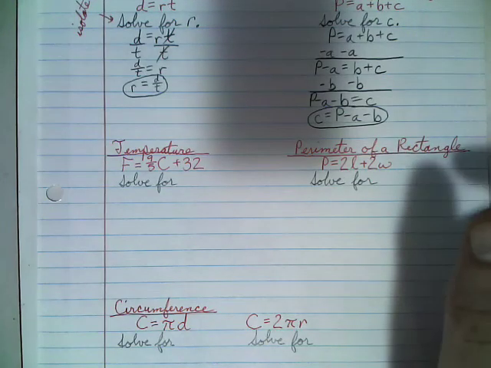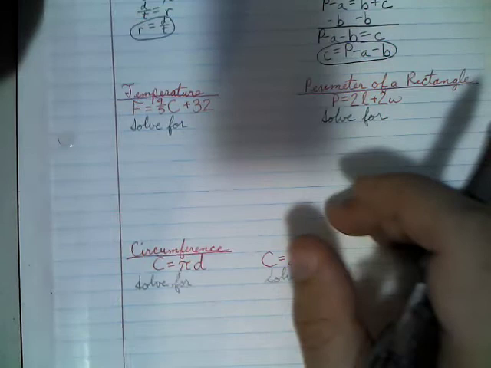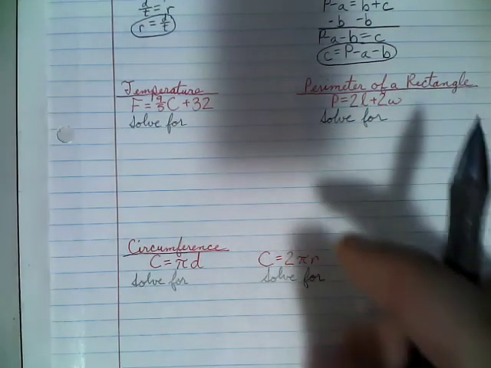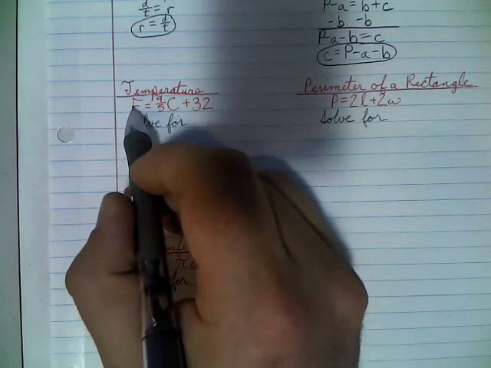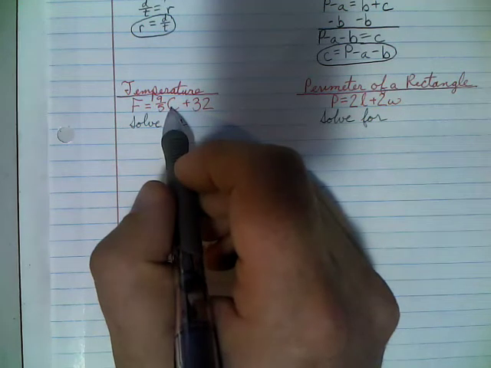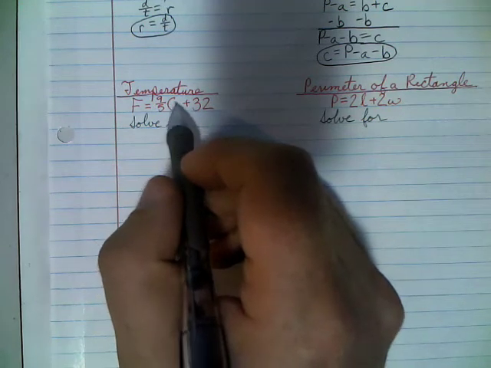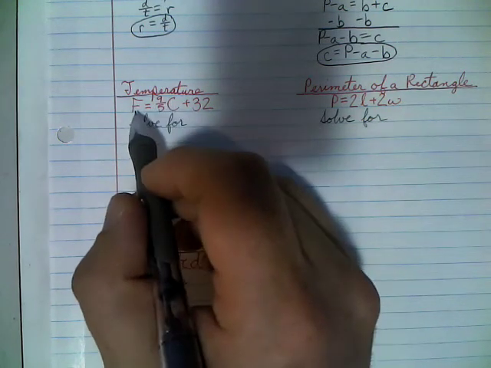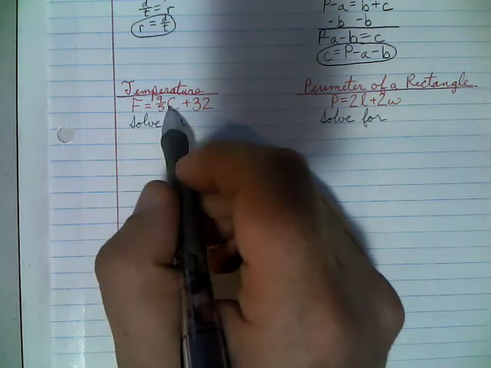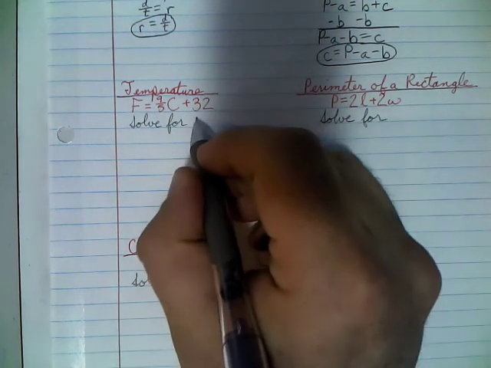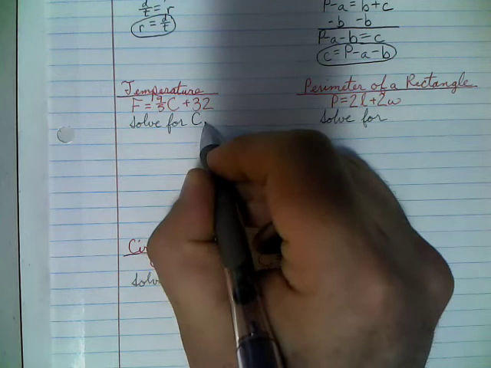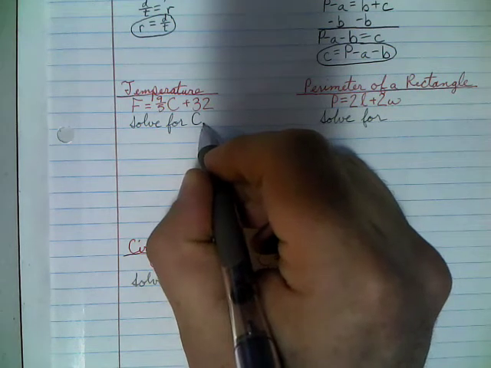Temperature, this one's going to be a little more challenging. So for temperature, we've got our formula here for how to calculate Fahrenheit when you know Celsius. But the trouble is, what about when I know Fahrenheit, but I need to know Celsius? So we're going to solve this for Celsius so that way we can calculate Celsius.